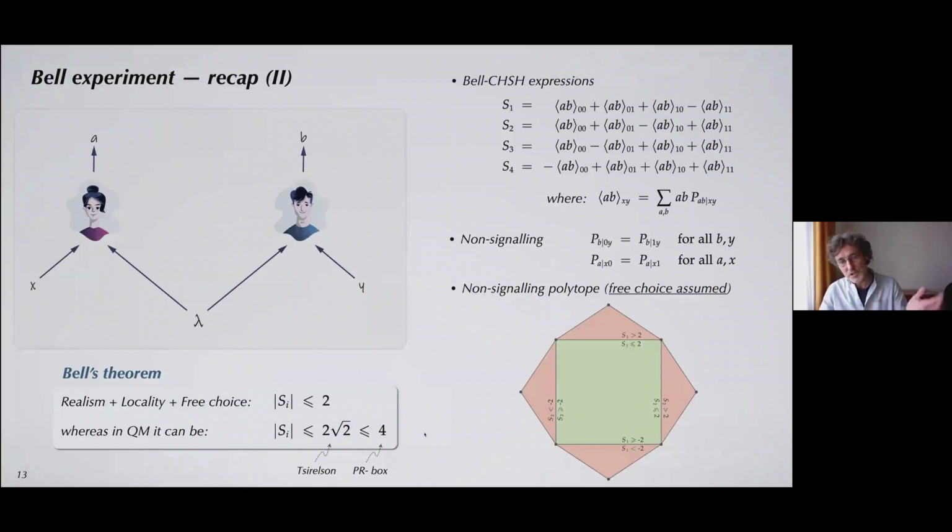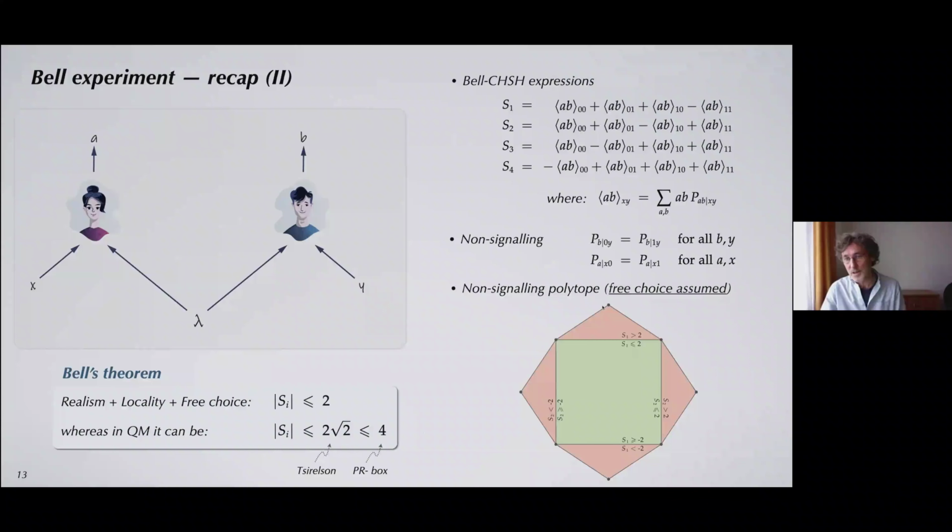Then this scenario was very, very well researched, and perhaps everything is known in this case. So a very important result is this result. What does the non-signaling polytope look like? So here are these non-signaling conditions.